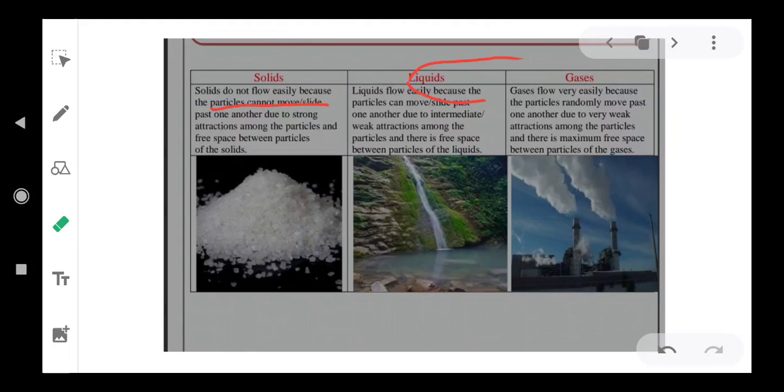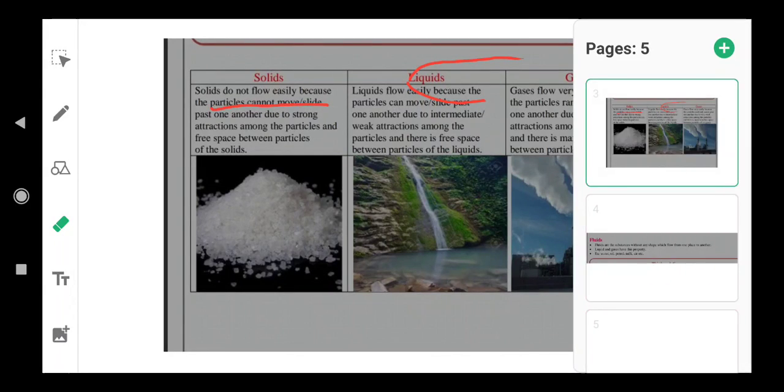Gases flow very easily because the particles move randomly past one another due to very weak attraction among the particles, and there is maximum free space between the particles of gases. That's why gases flow very fast. Liquids flow less fast than gases, and solids do not flow.